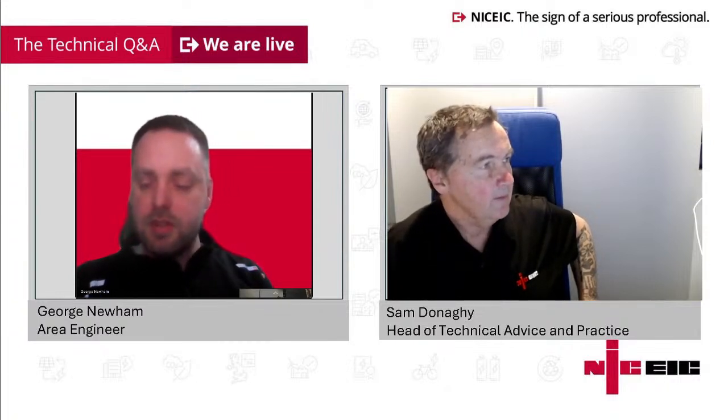When I read it the second time, I'm thinking maybe it might be 2-core SWA, and so they've run a separate CPC, or it might be 4-core SWA for 3-phase, and they've run a separate CPC. Do you need an earth fly lead from the bolt or not?